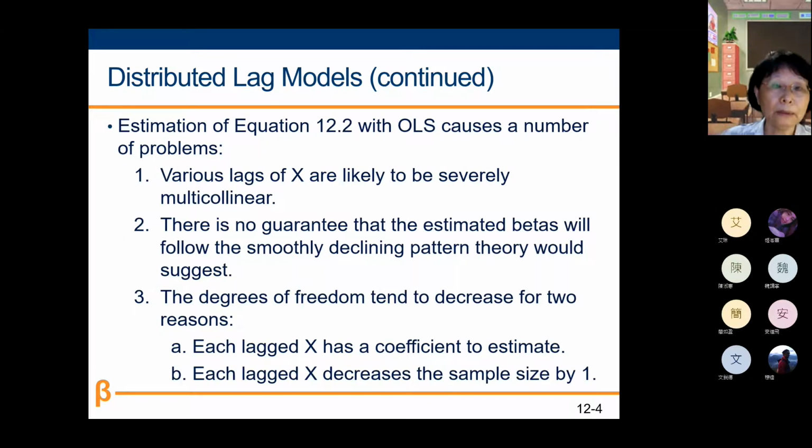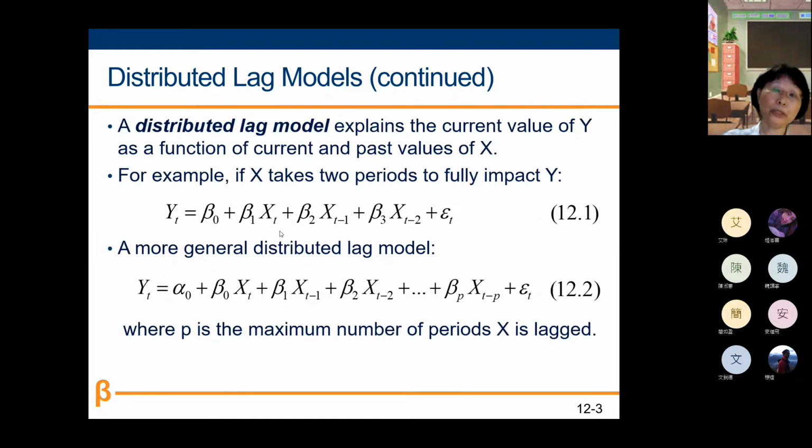Okay? The third problem is that the degrees of freedom tend to decrease for two reasons. Each lagged X has a coefficient to estimate, and each lagged X decreases the sample size by 1. Okay, there are two problems with the degrees of freedom. Let's go back to equation 12.1.